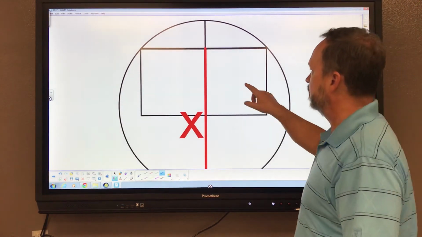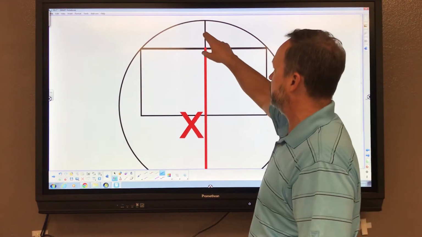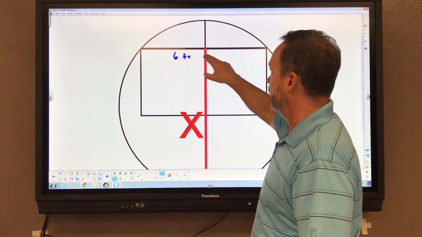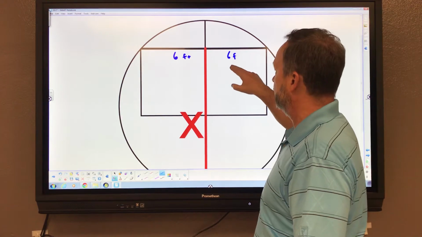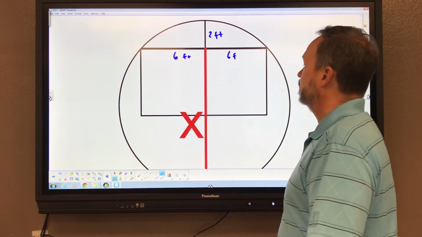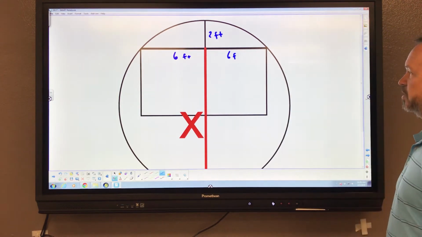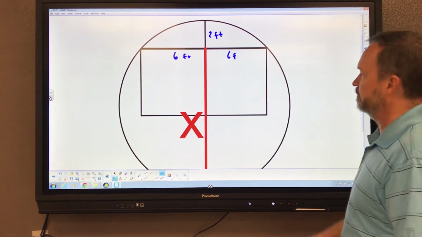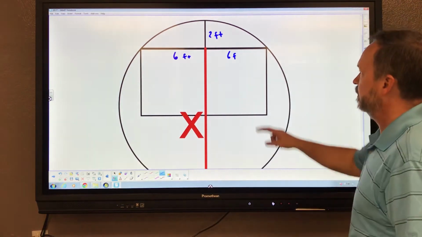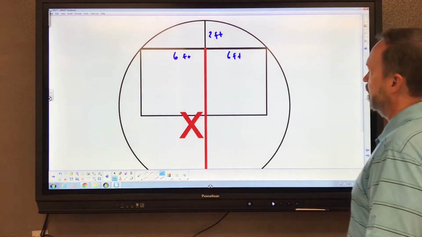So this is 6 feet, and this is 6 feet, and this is 2 feet. Okay, and the question is, what's the radius of the circle? So what's the diameter, what's the radius? That's what we want to know. 2 feet, or 6 feet.